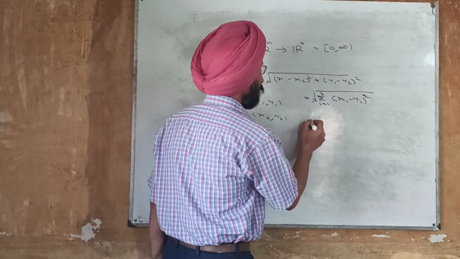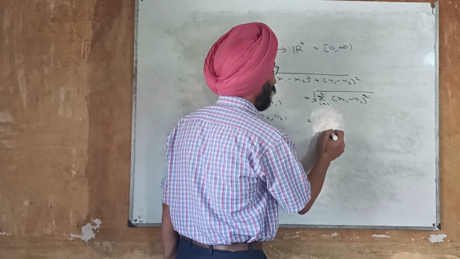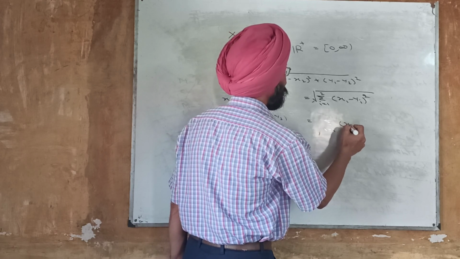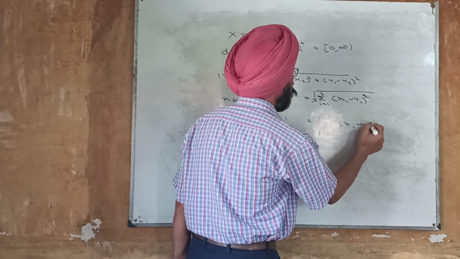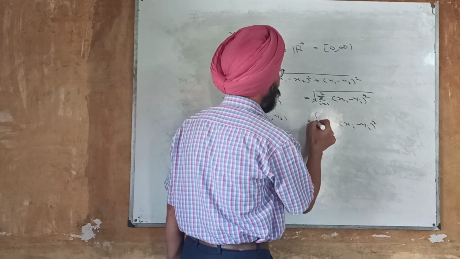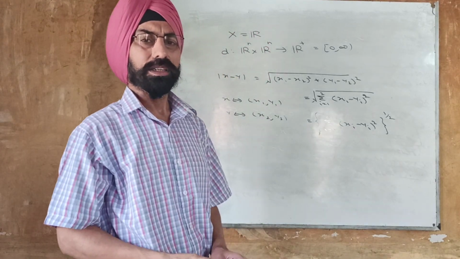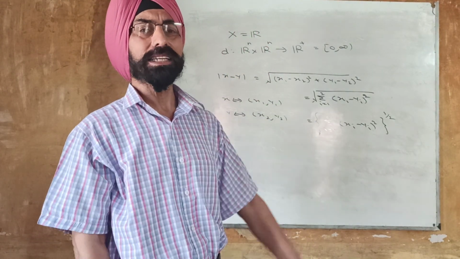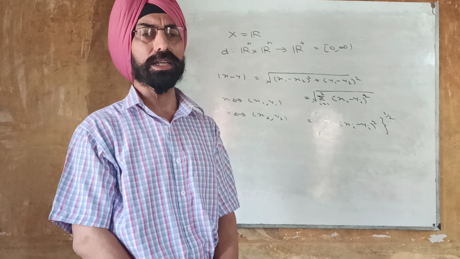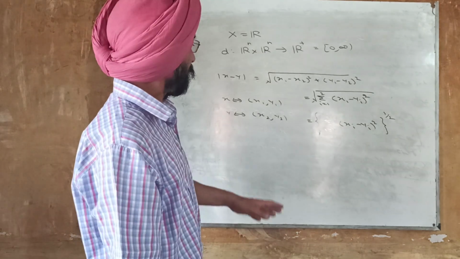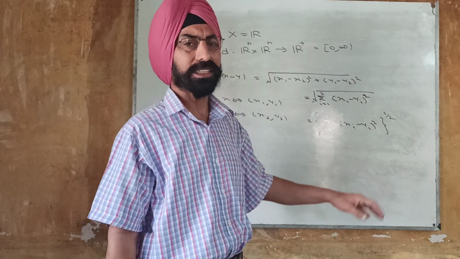We can further write it as sigma, i varying from 1 to 2, x i minus y i square, raised to the power 1 by 2. This is the distance function in 2-dimensional space. On the 2-dimensional plane, we can define distance like this.